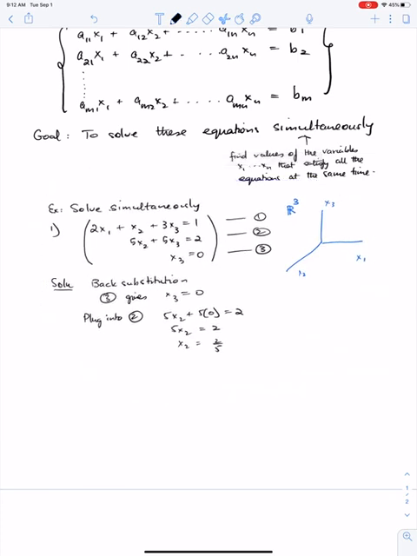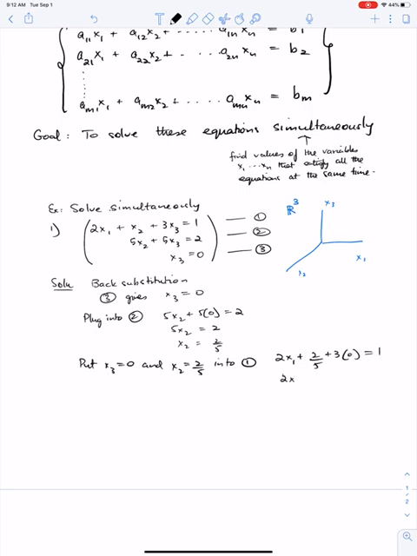So what do you think the next thing will be? Well, we'll put x3 equals 0 and x2 equals 2 over 5 into 1. And we get 2x1 plus 2 over 5 plus 3 times 0 equals 1.